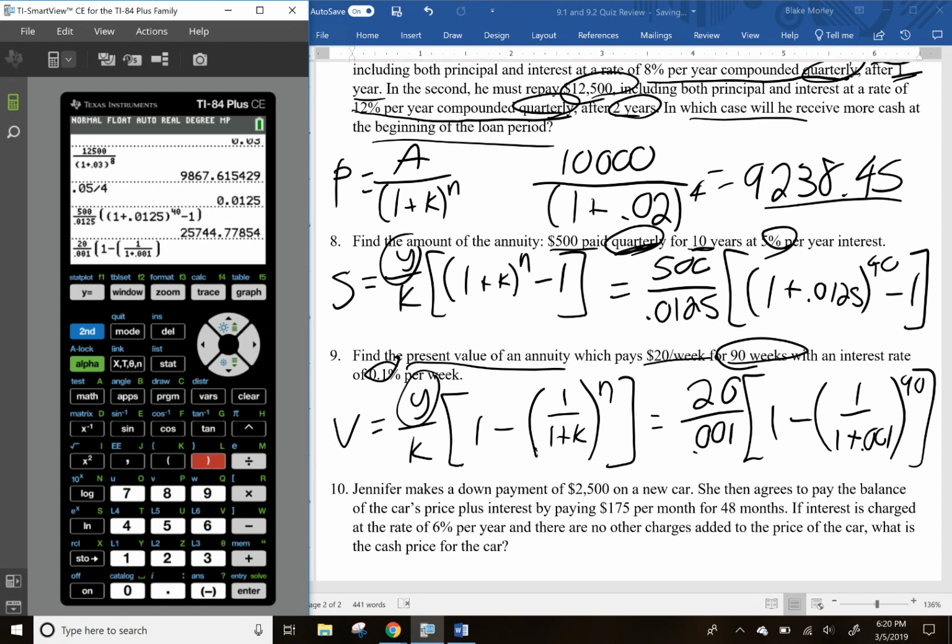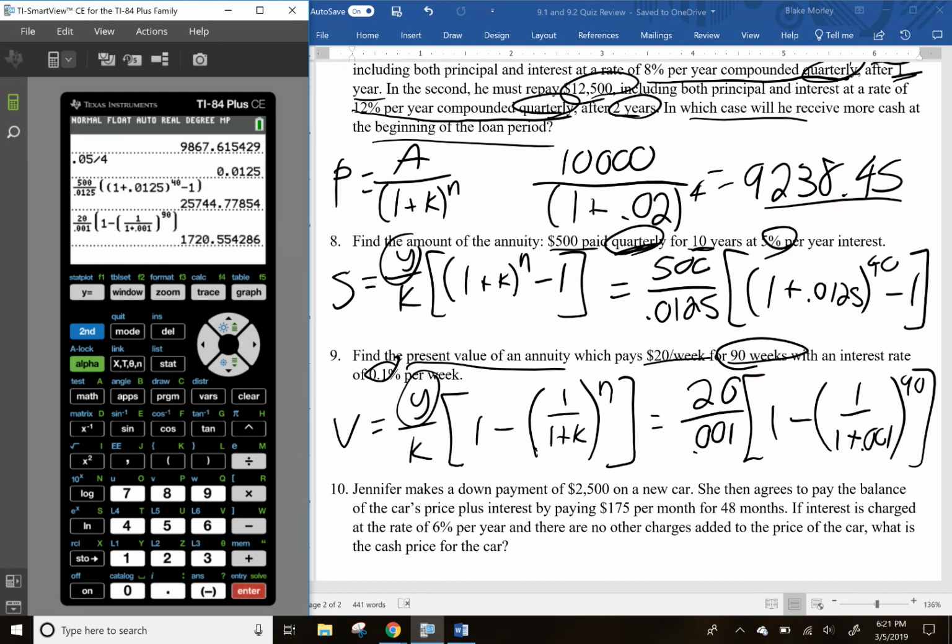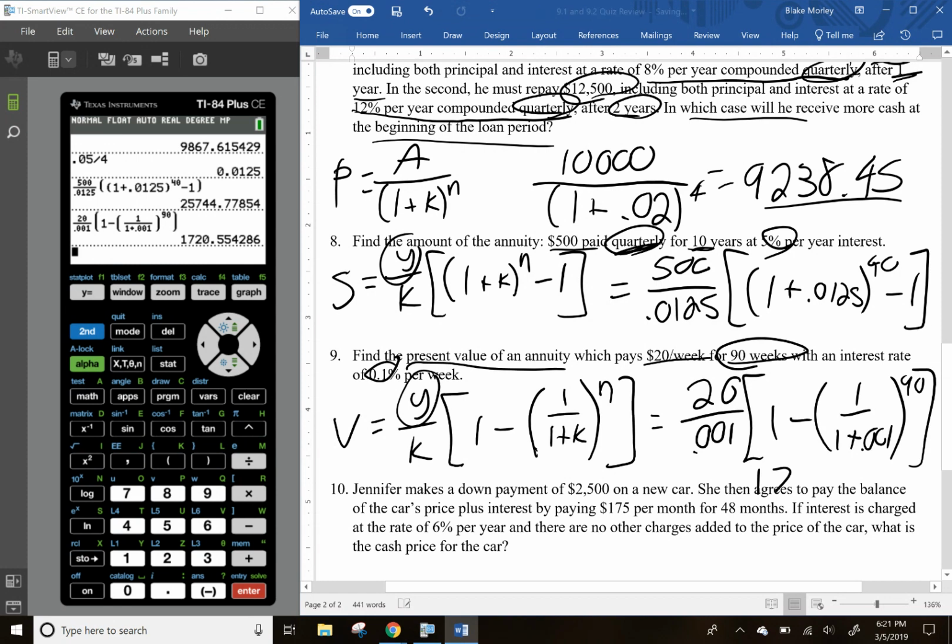Make sure I get out of that and close that parenthesis. And then raise that to the 90th power. Oops, to the 90th power. Get out of that and then close that parenthesis. So it's a bit messy, but it's there. And we get an answer that is $1,720.55.